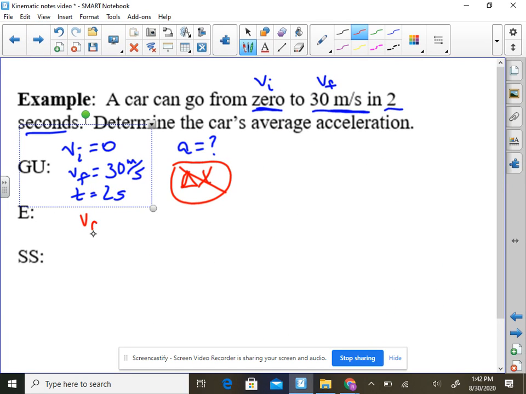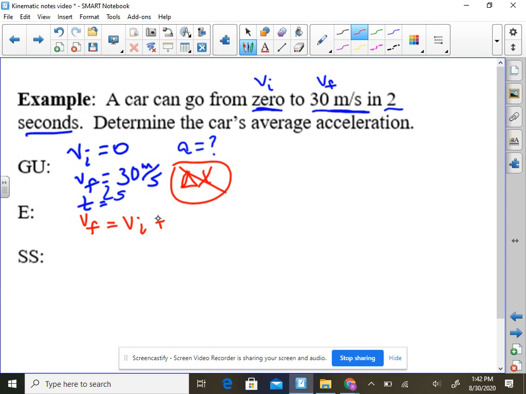And so final equals initial plus acceleration times the time. If we solve that one for acceleration, we end up with final velocity minus initial velocity equals acceleration times the time. Now I want to solve for acceleration, so I would divide both sides by time.